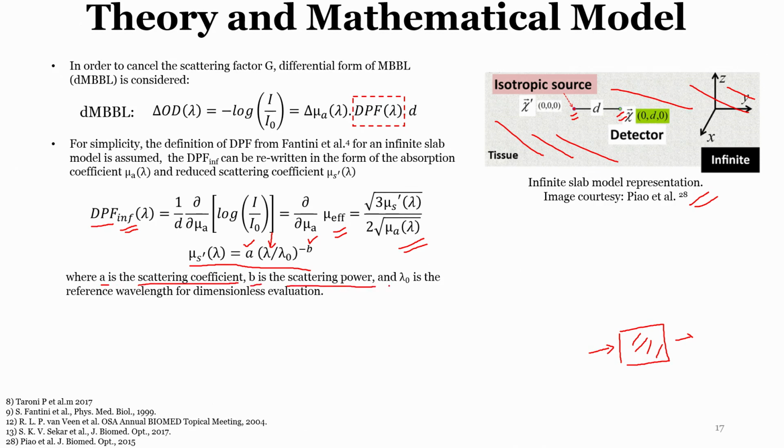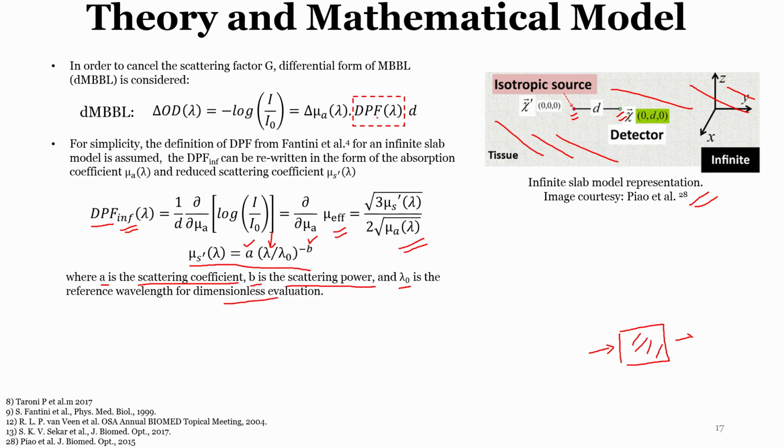For different tissues, for example lipid, collagen, fat, adipose tissues, fibroblasts, all of them have different values of A and B. Lambda naught over here is the reference wavelength, just to make this dimensionless.